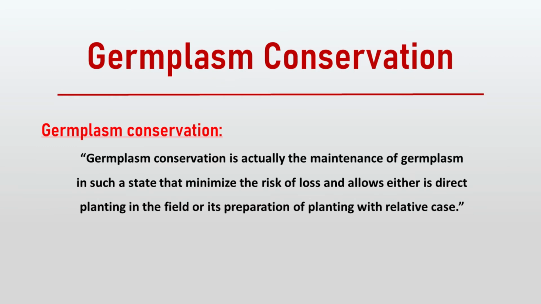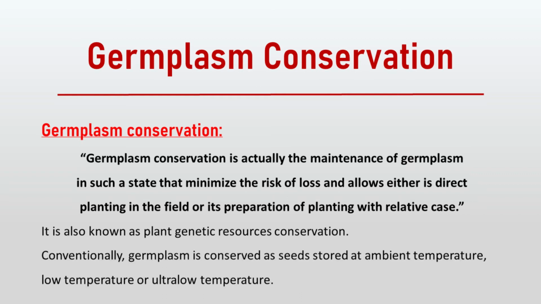Germplasm conservation is actually the maintenance of germplasm in such a state that minimizes the risk of loss, and allows either its direct planting in the field, or its preparation for planting with relative ease. It is also known as plant genetic resources conservation. Conventionally, germplasm is conserved as seeds, stored at ambient temperature, low temperature, or ultra-low temperature.